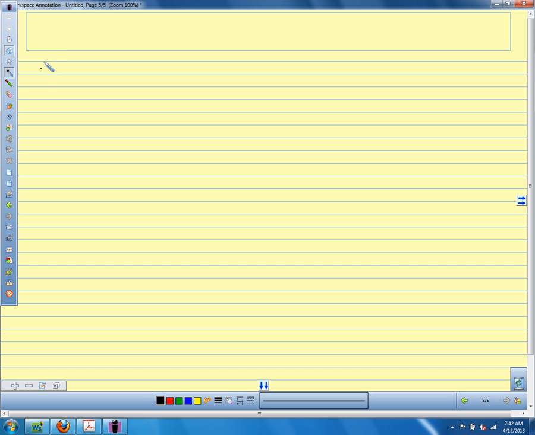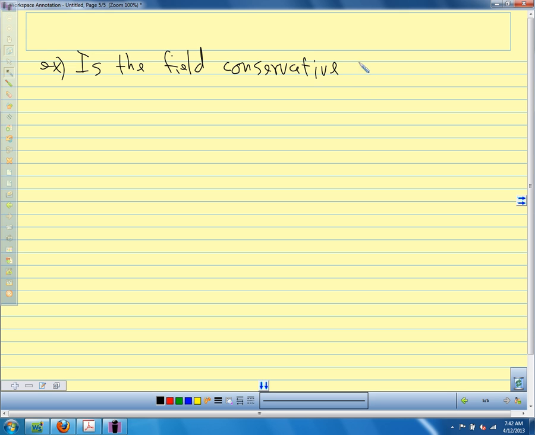All right, so here's our example. We want to know, is the field conservative? And if so, find a potential function. So here's our field.